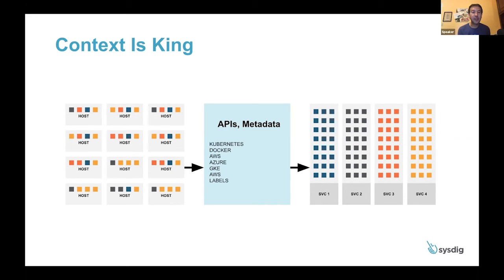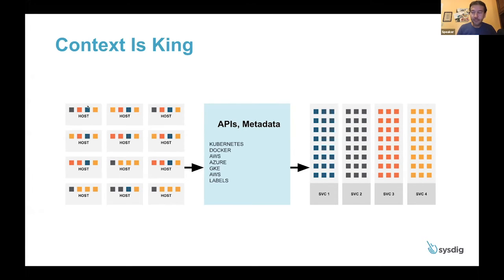That information can be security events, metrics, forensics information, anything, and enrich it by talking to APIs like the Kubernetes API in terms of orchestrators, container runtimes like Docker, and cloud APIs such as AWS, Azure, GKE, consuming labels, all of this kind of stuff, and converting this information in a way that makes more sense because it's enriched by the context.